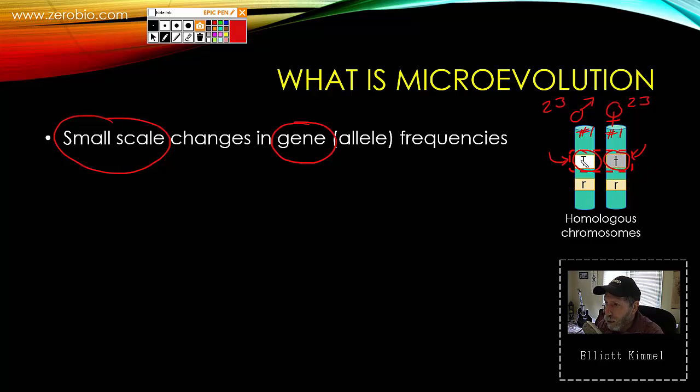So, because both of these are genes that deal with height, but one causes tall and one causes short, they're alternate genes, or variations of a gene, and they're called alleles. But on a particular chromosome, there's not just one gene, there's many, many genes.